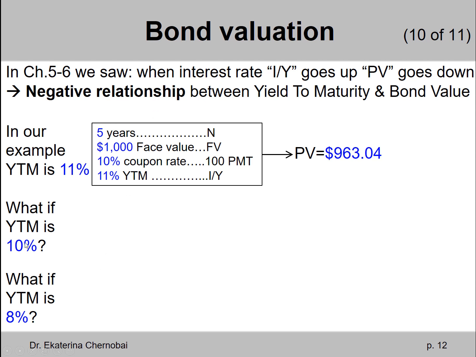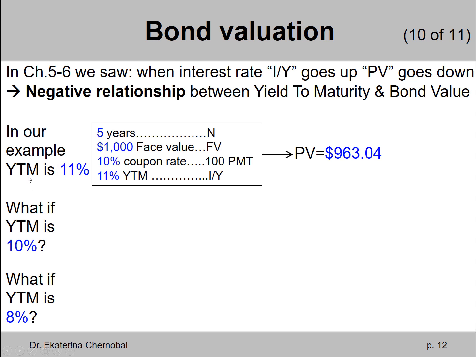So let's actually kind of prove it. What we just did was an example with the yield to maturity, the interest rate, of 11%. We had 5 years to maturity, $1,000 face value on the bonds, 10% coupon rate. And the present value that we found earlier was $963.04.